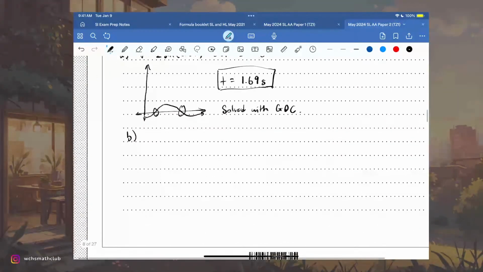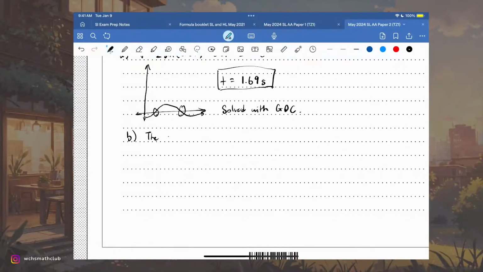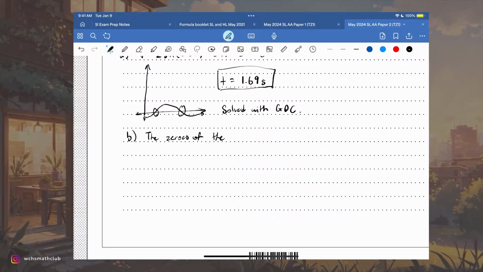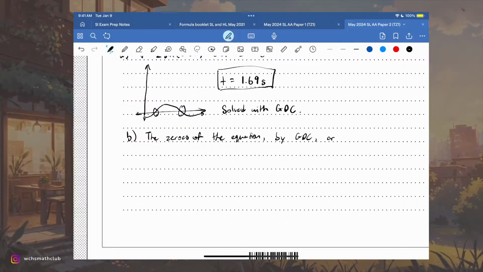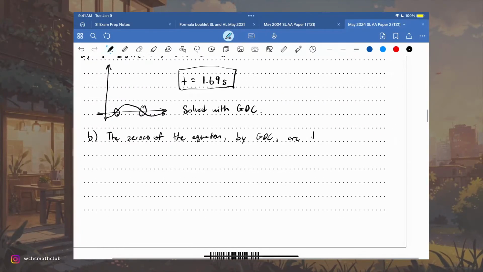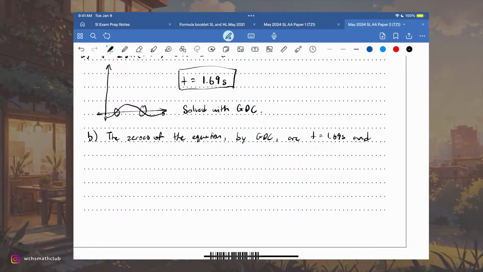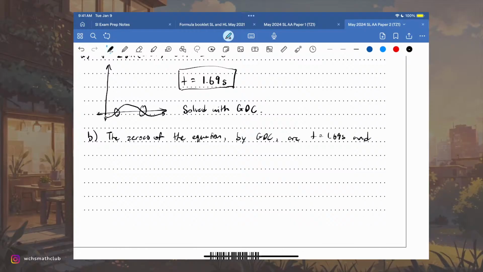We can say the zeros of the equation by GDC are t equals 1.69 seconds, and we can repeat the process on the calculator for the other zero, which gives us just about 6, so 6.12.